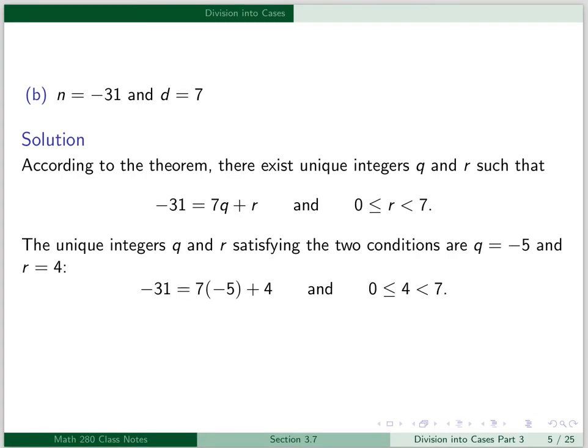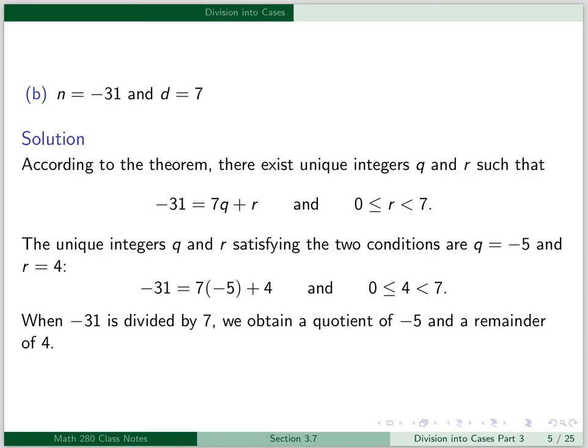The unique integers q and r satisfying these two conditions are q is equal to negative 5 and r is equal to 4. We have negative 31 is equal to 7 times negative 5 plus 4, and 0 is less than or equal to 4 is less than 7. So what this means is that when negative 31 is divided by 7, we obtain a quotient of negative 5 and a remainder of 4.